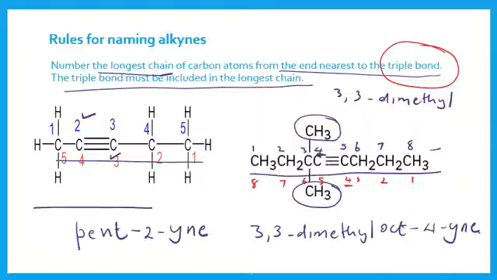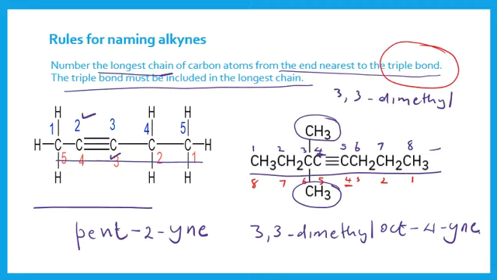You just need to write the prefix if they are substituents, stem, and then suffix. So in this case, our prefix is 4-ethyl. Okay, so our stem is going to be hexa. Remember, according to the rule, before we add the suffix, we must bring an A. So it is hexa.